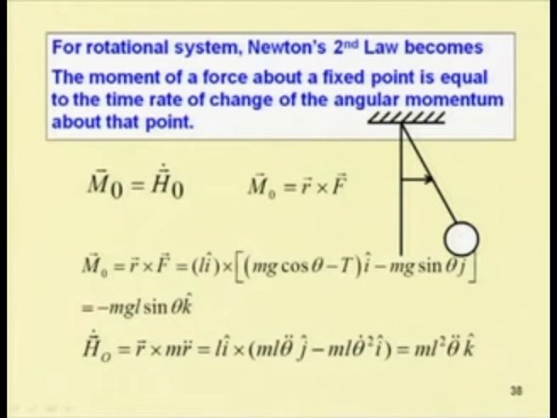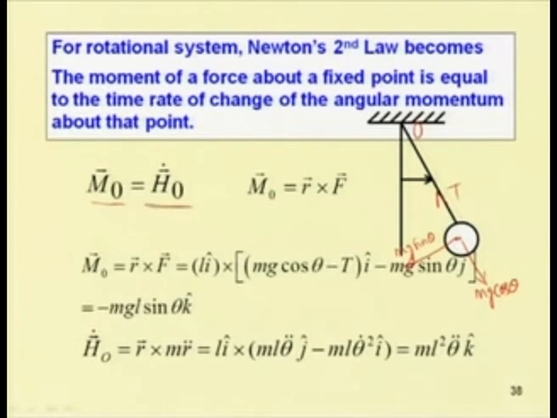After finding the external force acting on this, this is T and this is mg sin theta, and this term equals mg cos theta. So, this equation can be written as M0, that is the moment about this point O due to this external force, equal to the rate of change of angular momentum.